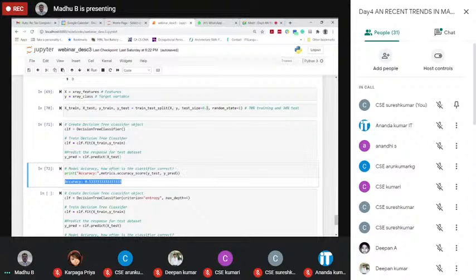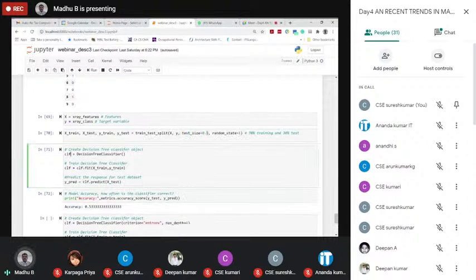Again, if you see here, I am blindly calling the decision tree classifier. When we talk about decision tree classifiers, there are a lot of parameters. One is the splitting parameter, which can be entropy based or Gini based. Then the depth of the tree, after which you start seeing the leaf.